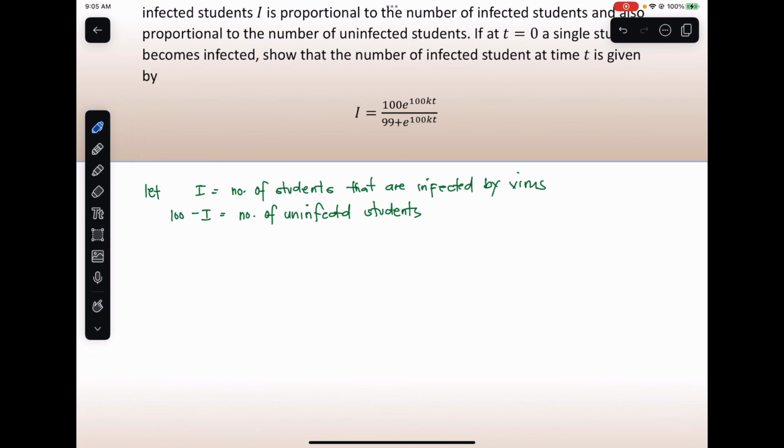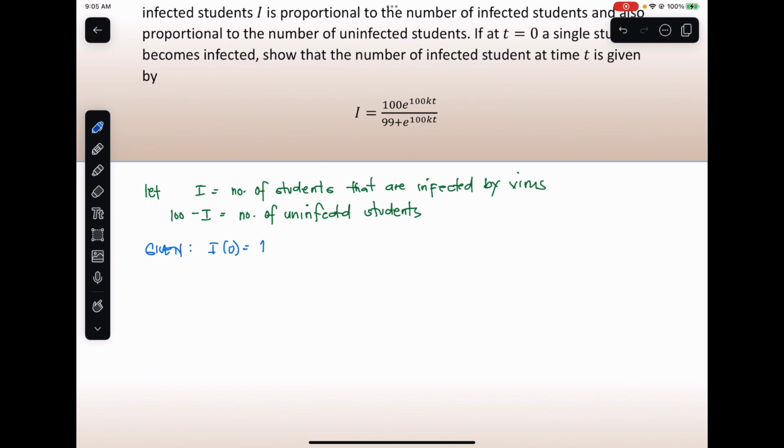Next, we are given that initially, when time is equal to 0, the number of students infected is only 1. Then how will it spread to other students?